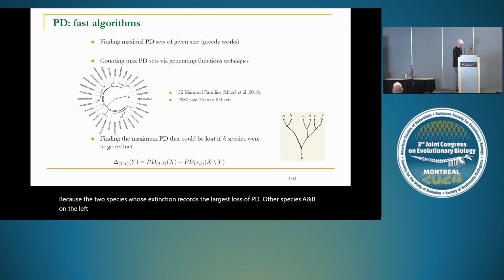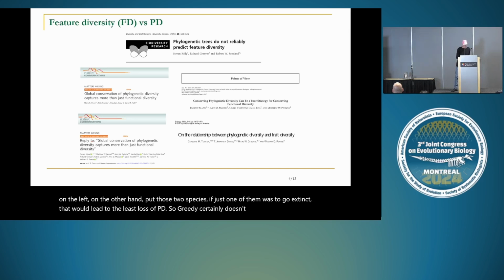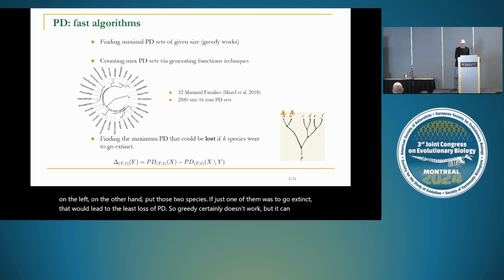On the other hand, for those two species, if just one of them was to go extinct, that would lead to the least loss of PD. So greedy certainly doesn't work, but it can be solved using dynamic programming, so in polynomial time.